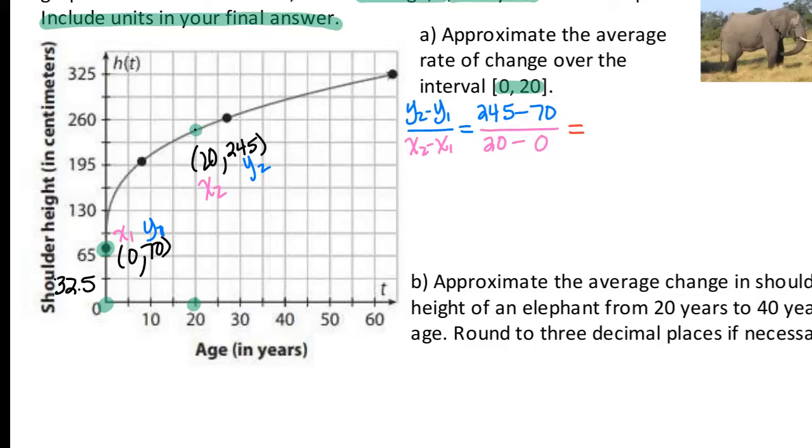Okay? So go ahead and find a new fraction for me. When you subtract, what do you get? And then once you subtract, tell me what is the final answer after you subtract.